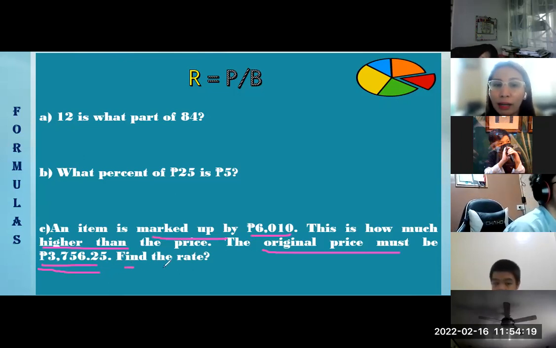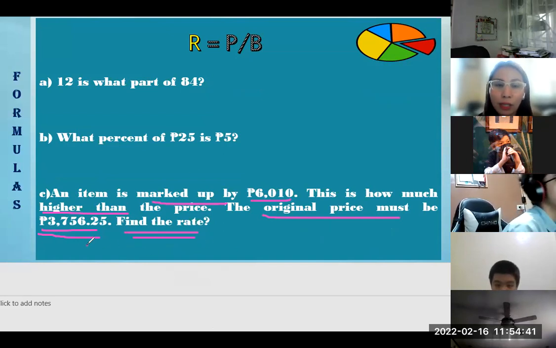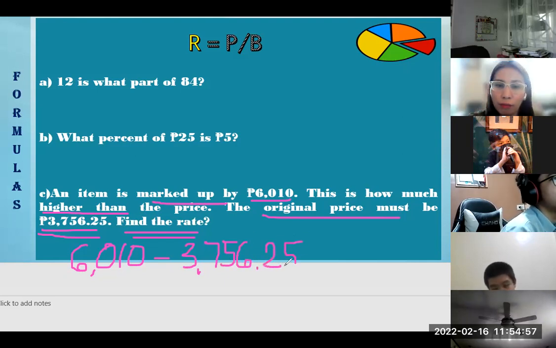So, let's find the rate. Do you know how to compute for this one? In finding the rate, kapag merong difference or changing ng amounts, you have to subtract first. So, subtract muna natin. Okay? We have to subtract 6,010 and 3,756.25.